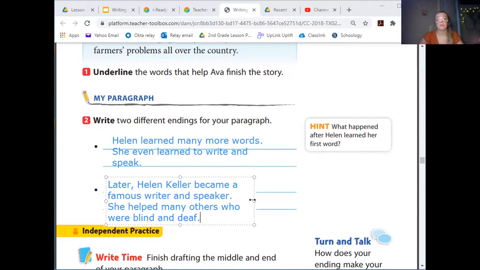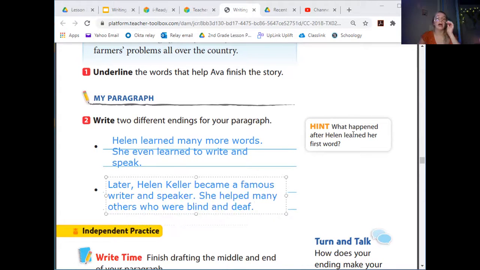And this does the same thing. It tells us what happened after Helen learned her first word, and it tells us what happened as time went on. So again, it helps feel like the story has come to an end. Okay, so make sure to pause your video. Take time to write 2 different endings for your paragraph right here, and come back when you're done.